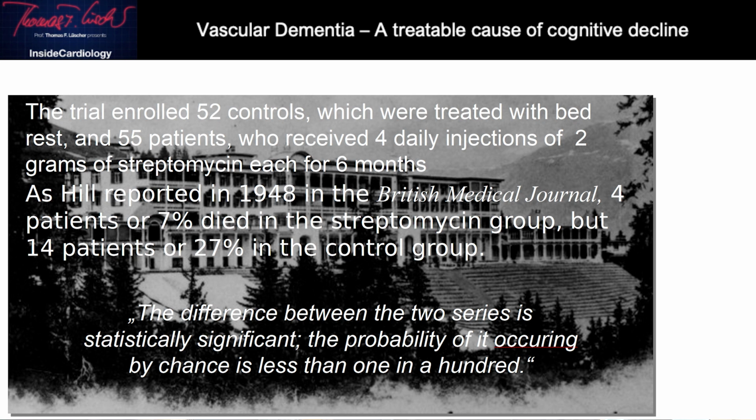And this is the classic statement ever since. The difference between the 2 series is statistically significant. The probability of it occurring by chance is less than 1 in 100, so P less than 0.01. That's evidence-based medicine as it started.